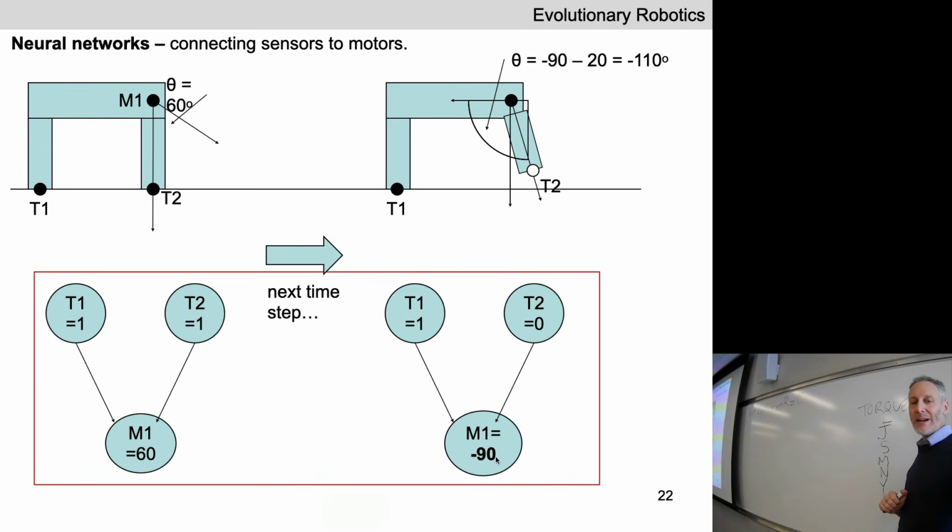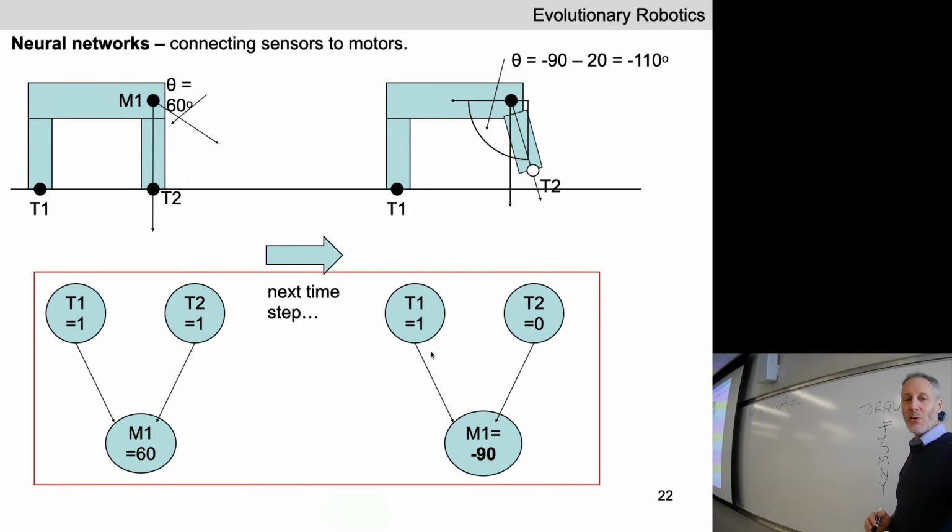Remember that we calculate the value of this neuron by taking the value of this neuron times this weight plus the value of this neuron times this weight. Don't worry, it's not this hard. It's not too hard. Yep. T1 has a weight of negative 90 and T2 has 170.